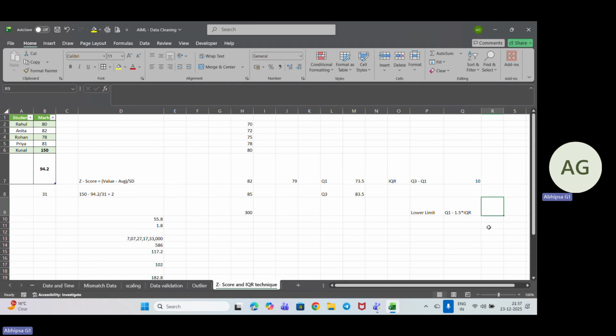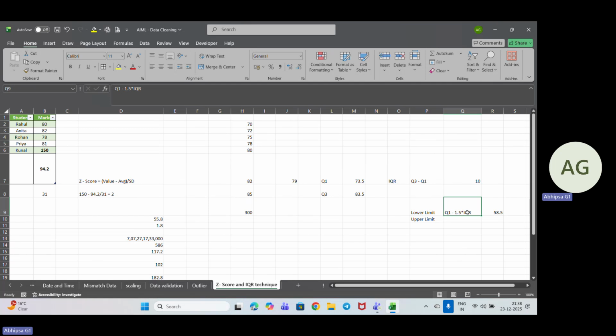Okay, so this will be 73.5 minus 1.5 into 10. So that is giving me 58.5. Okay, and the upper limit is coming down to be 83.5 plus 1.5.